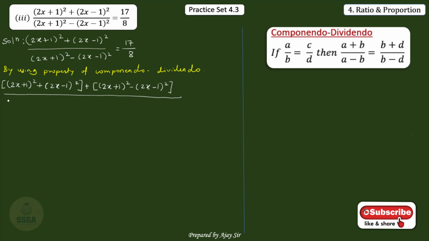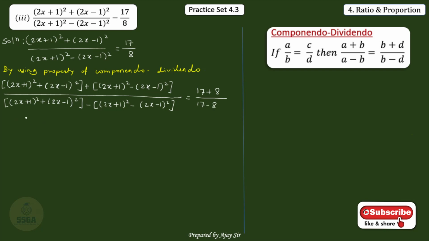So a minus b has the same terms: (2x plus 1) bracket square plus (2x minus 1) bracket square, minus, (2x plus 1) bracket square minus (2x minus 1) bracket square, is equal to 17 plus 8 divided by 17 minus 8.